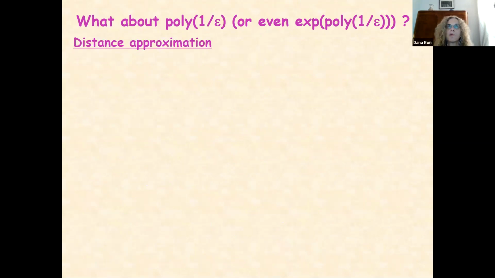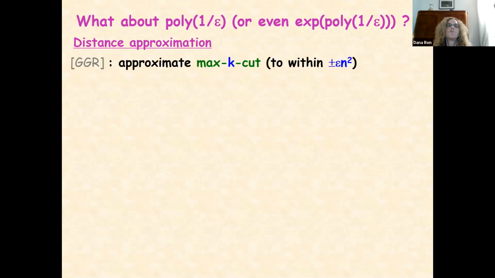What about distance approximation? Again, poly 1 over epsilon. Here there is less known. From this point on, I'll use GGR instead of the three names. My rule is the first two times you get a name, afterwards you don't. The focus in this work was on property testing, as I said, but as a subroutine, the paper includes an algorithm for approximating the size of the max k-cut.